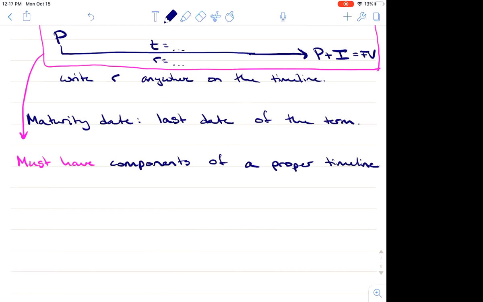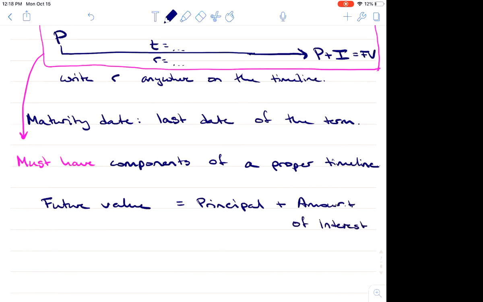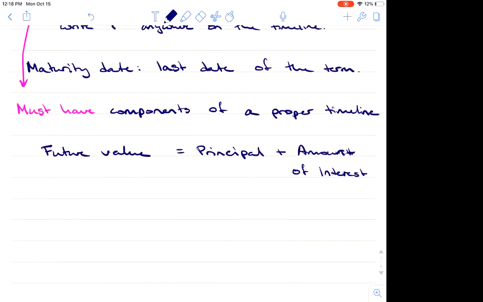So we said the future value is the same as the principal plus the amount of interest. Or we can say that the future value is P plus I, like we did up above.